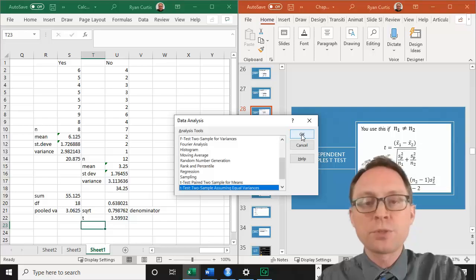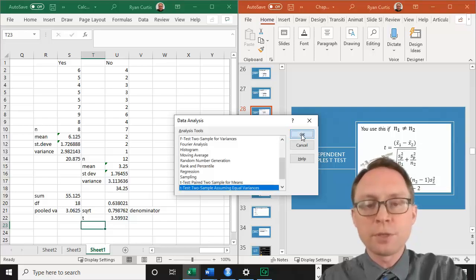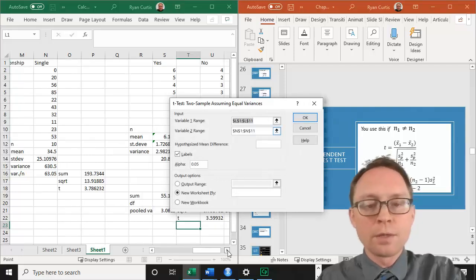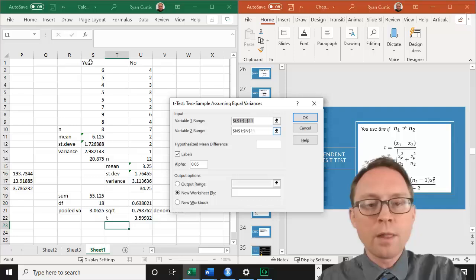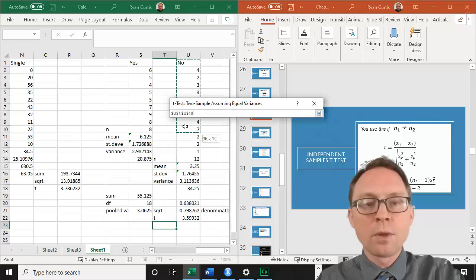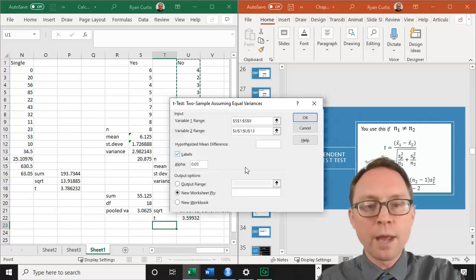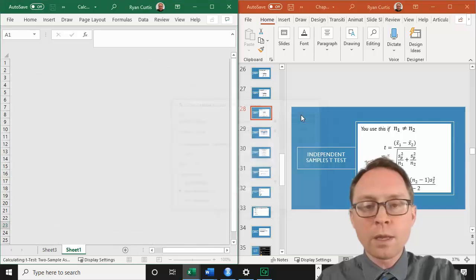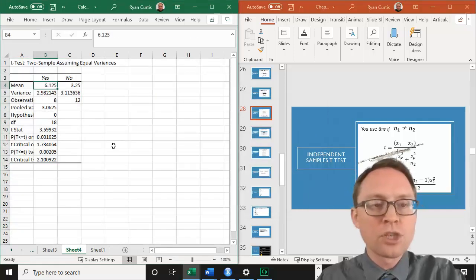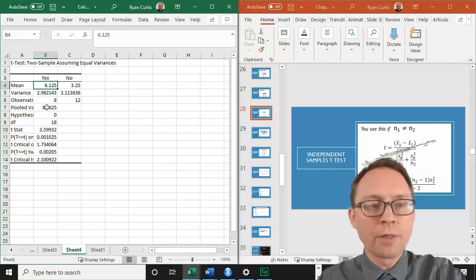You do assume equal variances, even though the n's are different. So the first group is people who play Pokemon Go compared to the ones who do not. And when I click on this button, now I get this. Let's check and see if we got the same thing for everything.